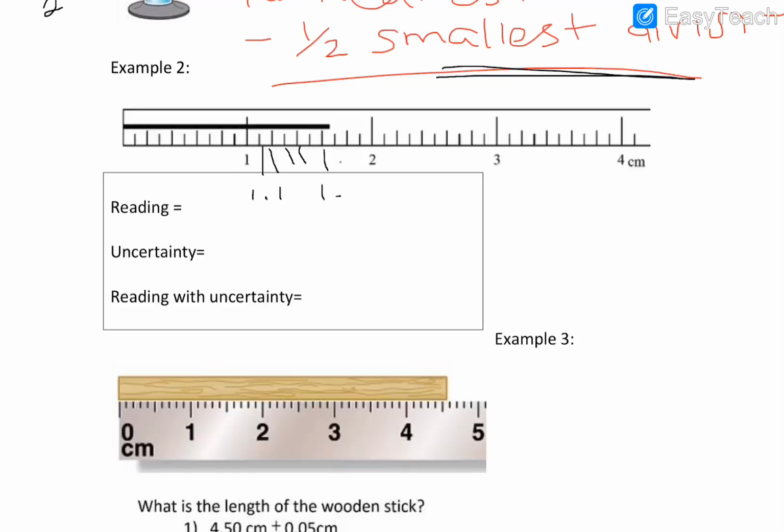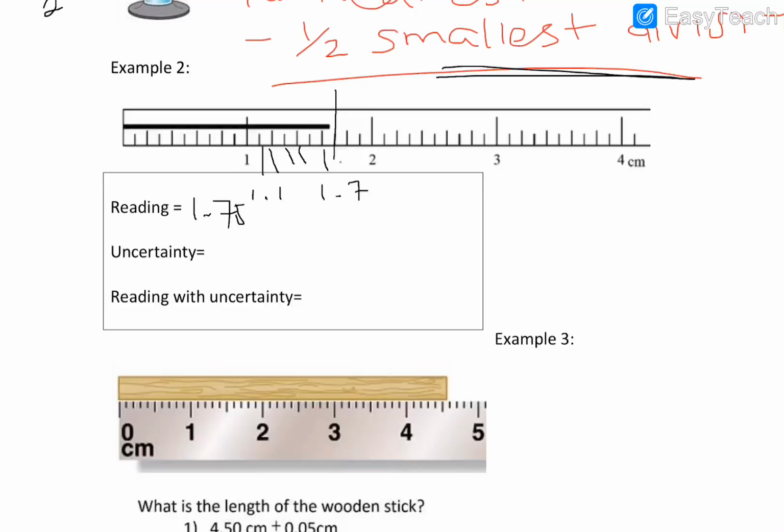So this is 1.7, and you can see here if you draw a line close, it's closer to 1.8. Closer to 1.8, so not 1.7, so the reading would be 1.75.